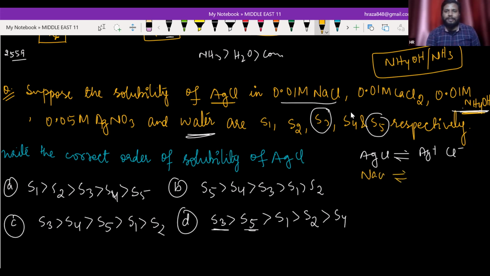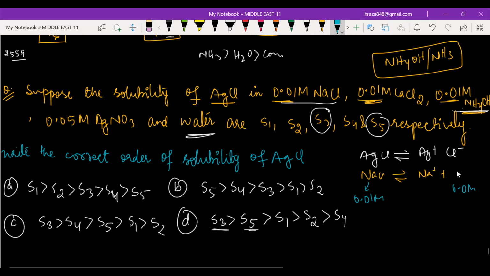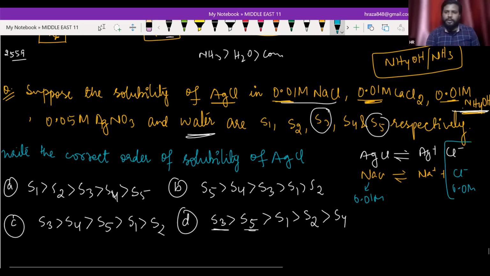NaCl has a concentration of 0.01 m, which means this Cl minus will also have a concentration of 0.01 m. Is this clear, everyone? Yes, sir. So this will have the common ion effect of 0.01 m.